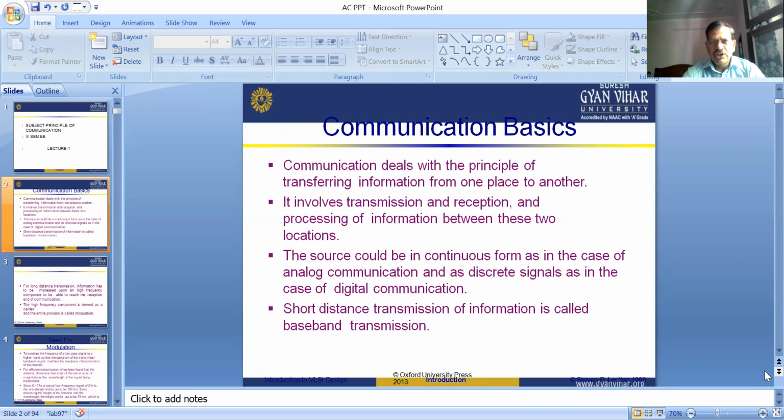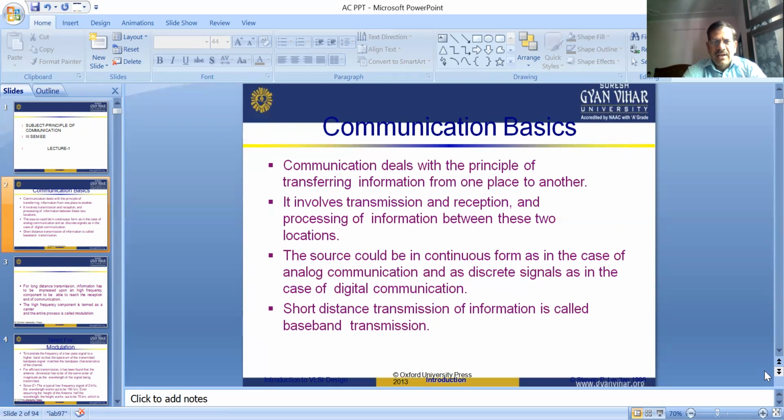Between these two parts, the source could be in continuous form, as in the case of analog communication. We know that in analog communication the source is in continuous form. It means the value of voltage or current varies with time.